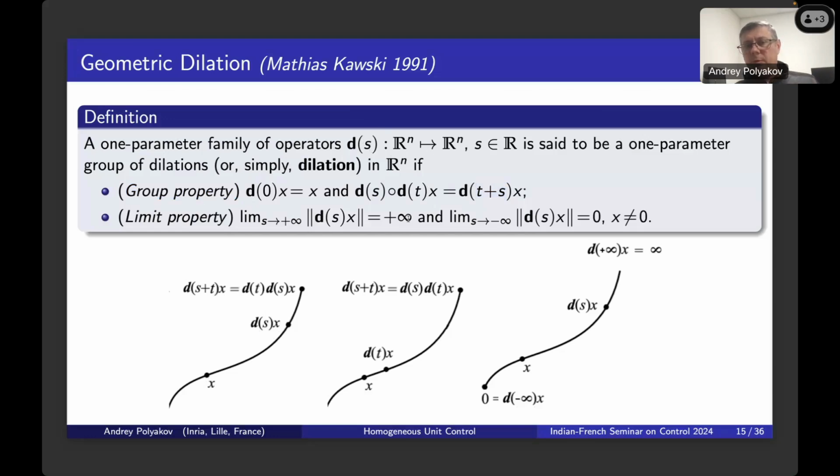But the limit property just characterizes the class of these groups which are dilations, in fact. It means that if we take the vector x, which is non-zero, and we tend the parameter s to -infinity, the norm of the dilated x will go to 0, but if s goes to +infinity, the norm will go to +infinity.